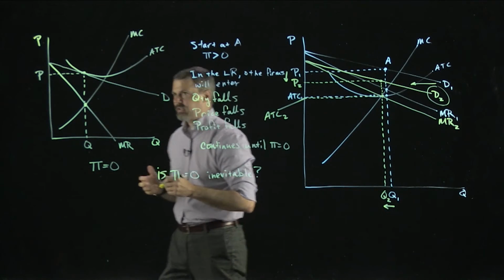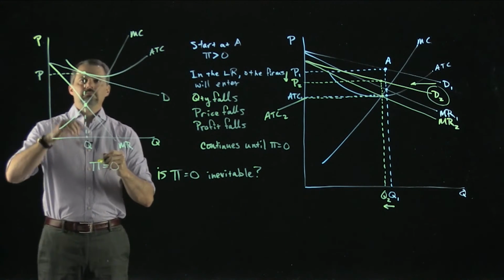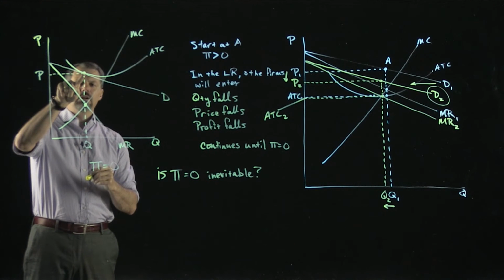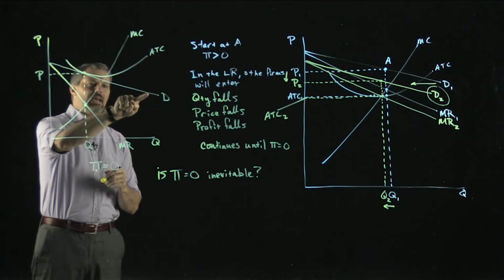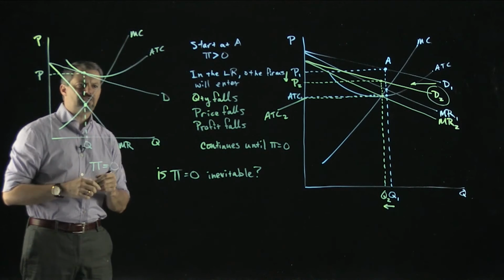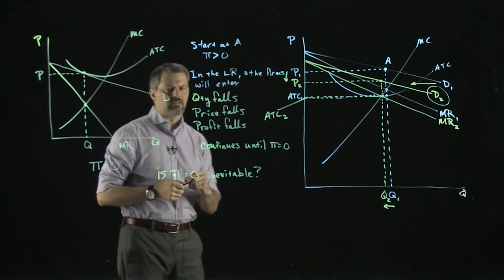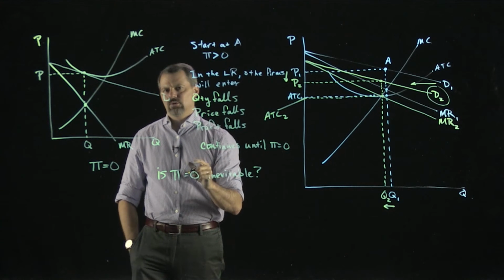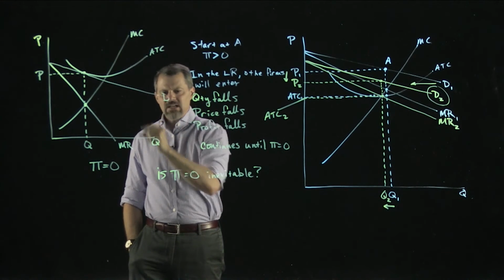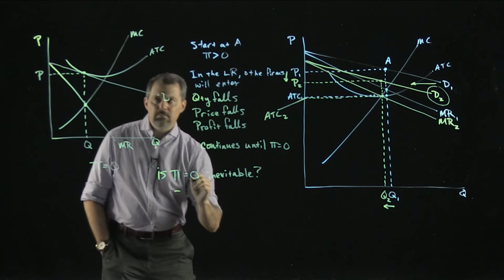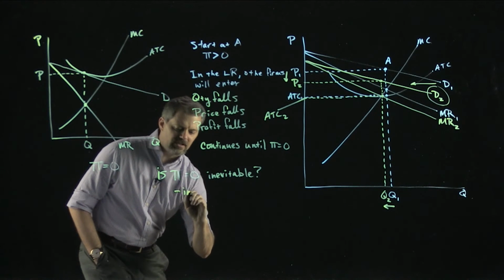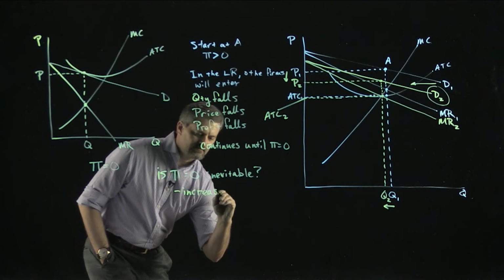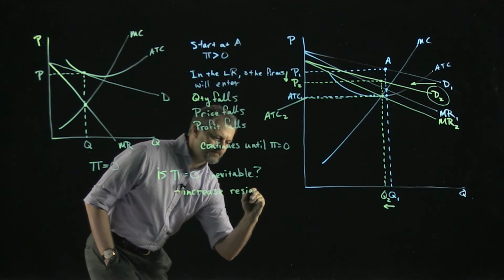Well, here's what happens. Profit is equal to zero because this residual demand curve is just tangent to the average total cost curve. There are two things that the firm could do that can change this. So one possibility is to increase residual demand.